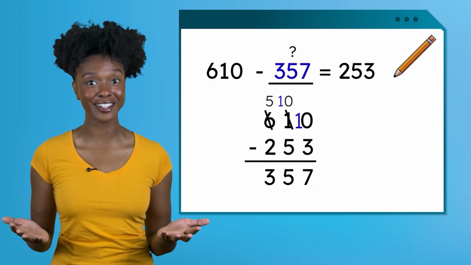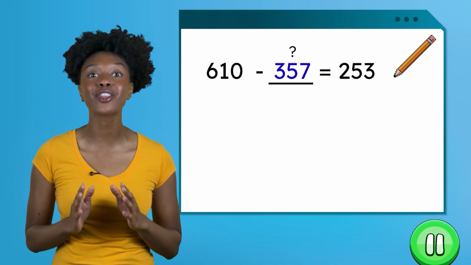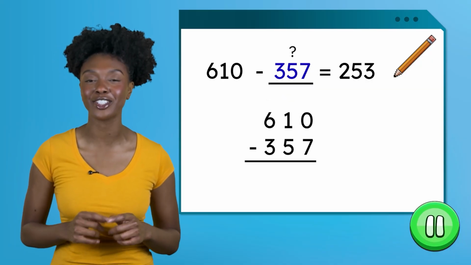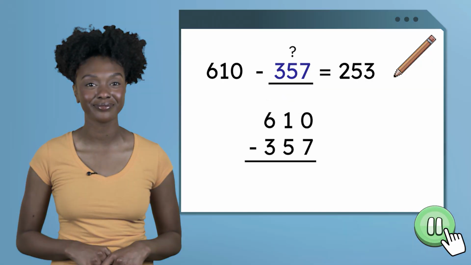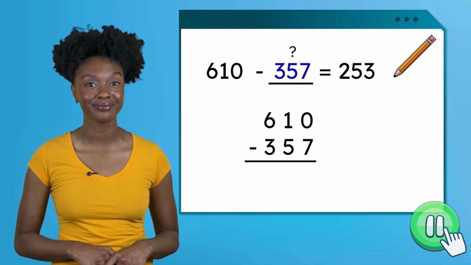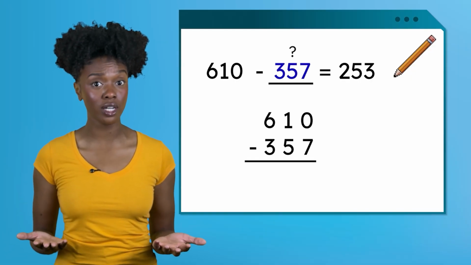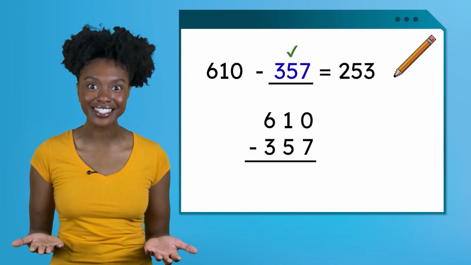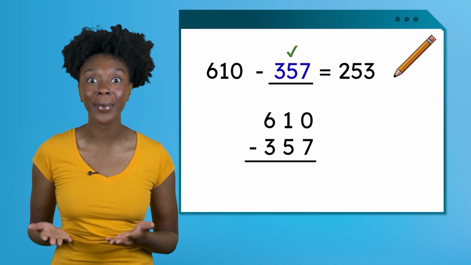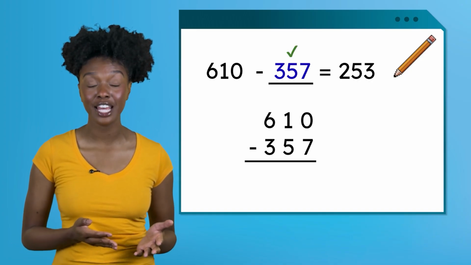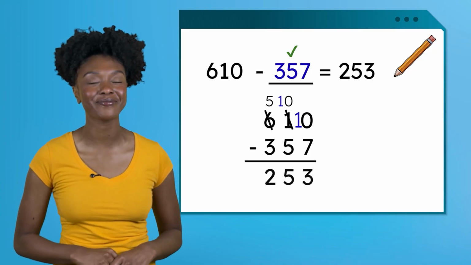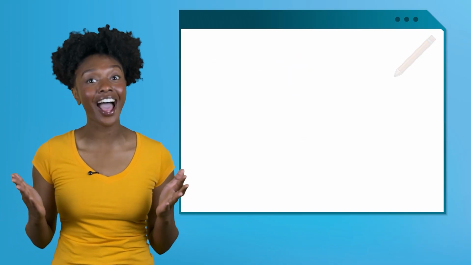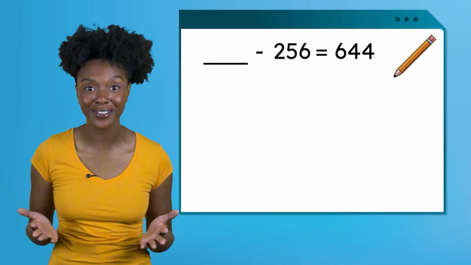Let's check our answer. Pause here and plug 357 in our original problem. Did 357 work? Yes. 610 minus 357 equals 253. Okay, I think we're ready to attempt the math quest.